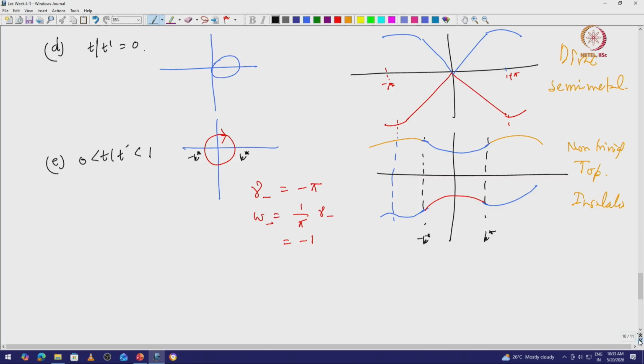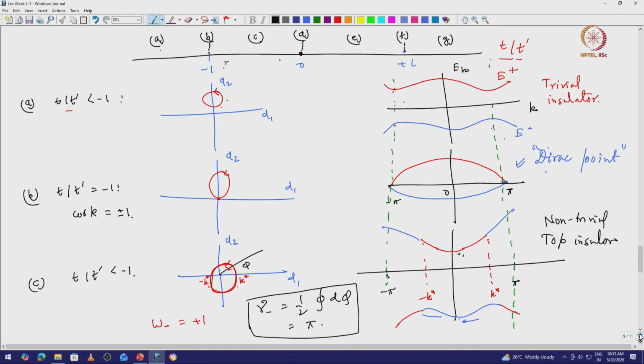It is needless to say what will happen, and I will just leave you to figure out. Here again the band touching will happen around this, but with a different color. Now this will be red and this will be blue, but the band touching will happen here, and as we go here again it will become trivial, the entire band structure will change.